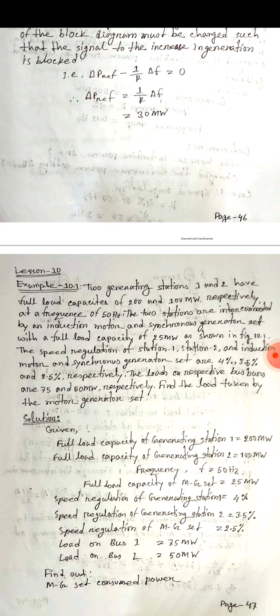Lesson 10, example 10.1. Two generating stations 1 and 2 have full load capacities of 200 and 100 megawatt respectively at a frequency of 50 Hz.